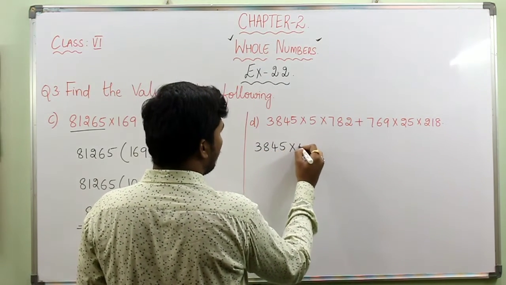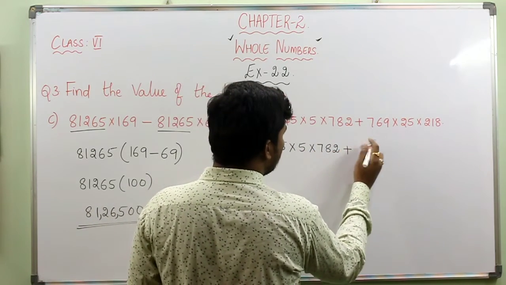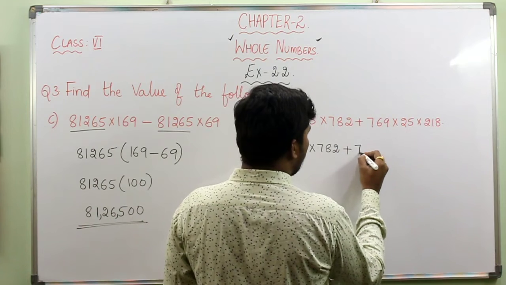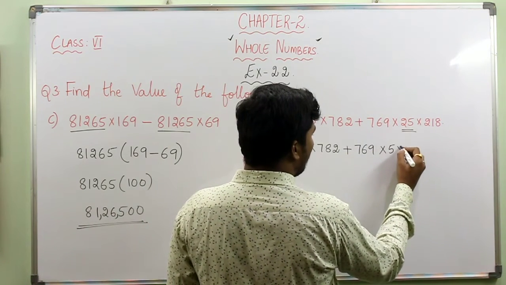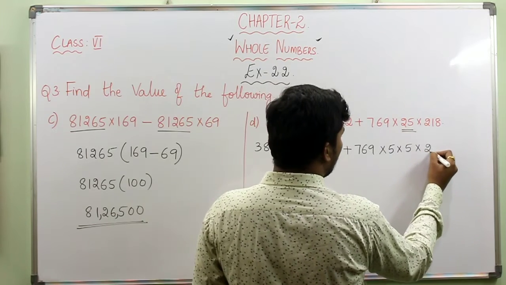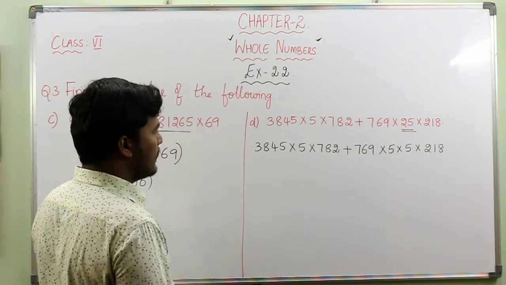Next one, 3,845 into 5 into 782 plus this 769 as it is, and I'm splitting this 25 as 5 into 5 into 218. Clear?